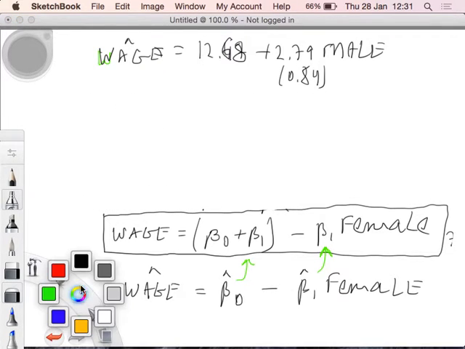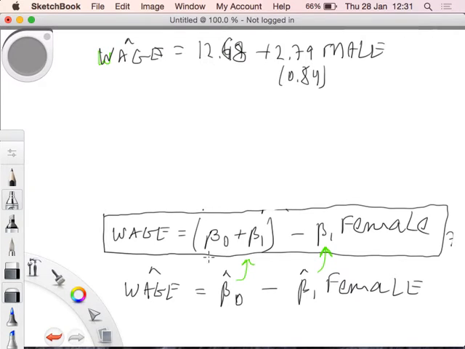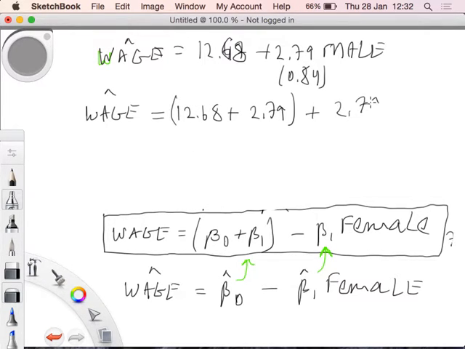Now let's use the coefficient estimates from here and plug in values to see what the coefficient estimates look like. So here we plug in 12.68 plus beta 1, 2.79.